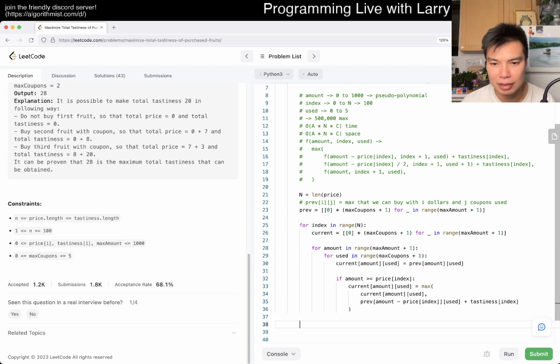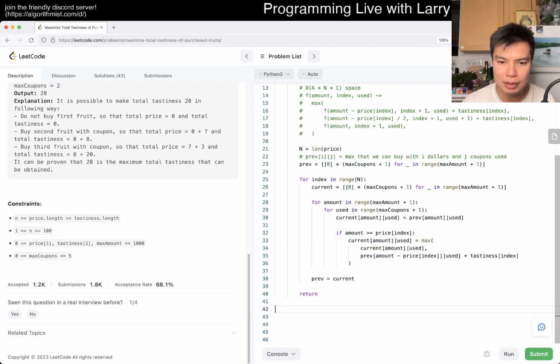And then let me write this, and then previous is equal to current, but yeah. And then what do I want? Yeah, I think max amount, max coupon. I think this should be good.